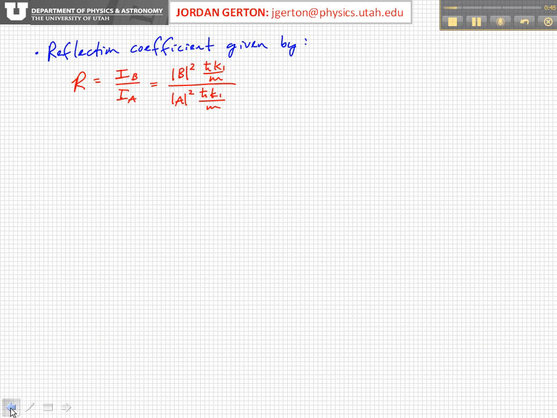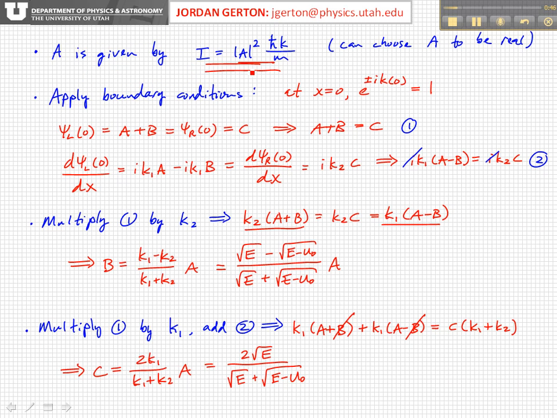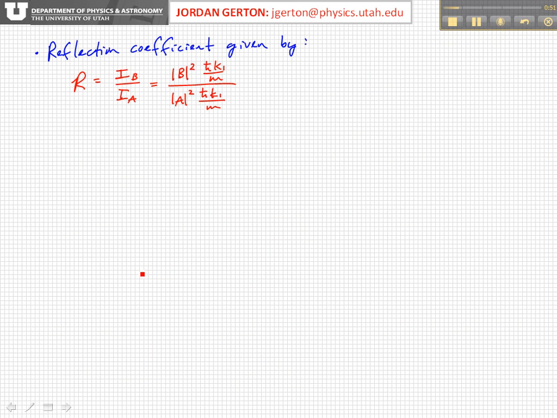And if we plug in the relationship for the intensities for both those two plane waves, then we just get b squared times h bar k1 over m divided by a squared times h bar k1 over m. Obviously these cancel, and this is equal to b squared over a squared.